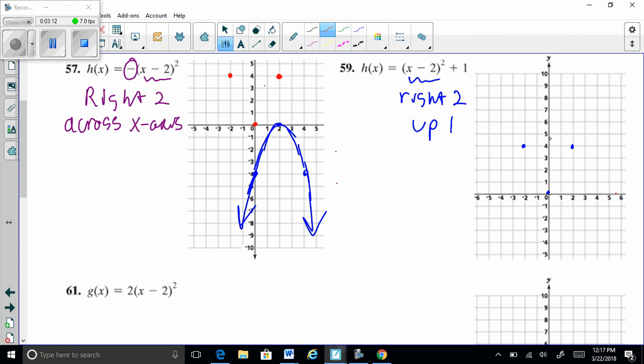So right 2, up 1, right 2, up 1, right 2, up 1. Let me just try to draw this with some curvature. Mine's a little messy, but that's okay, as long as you draw it with a curve. We will have some V-shaped ones later, so we don't want to start mixing them up.